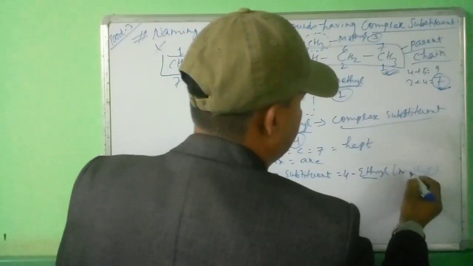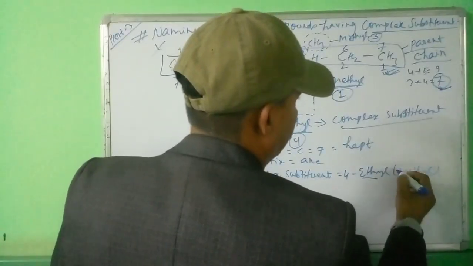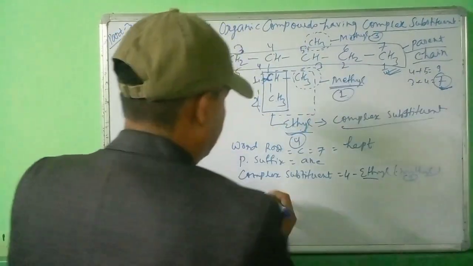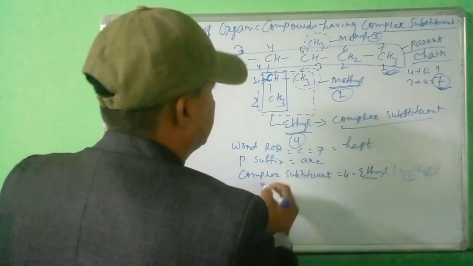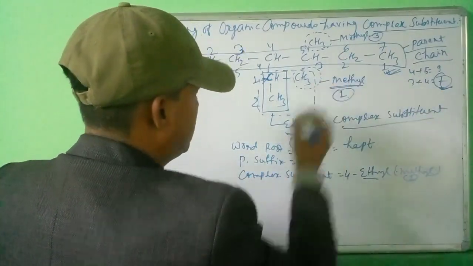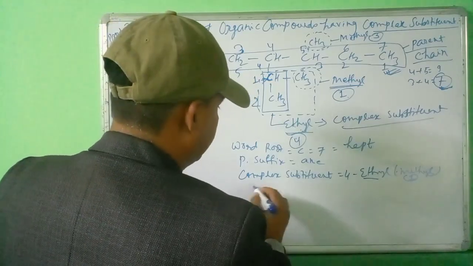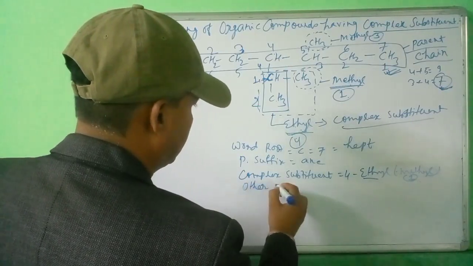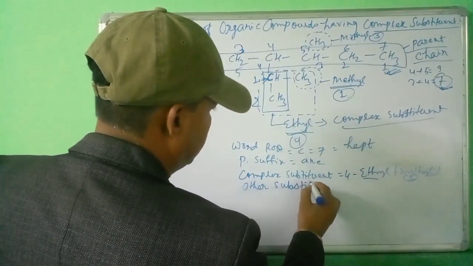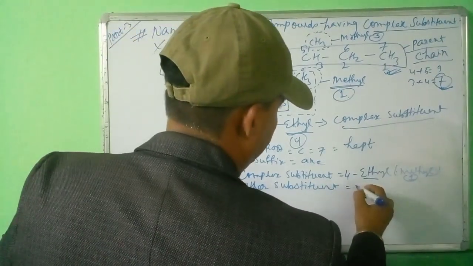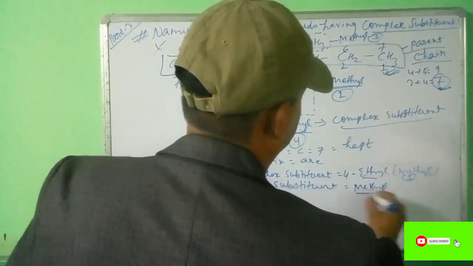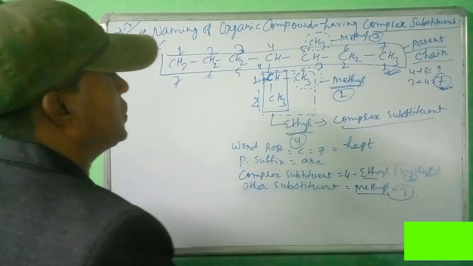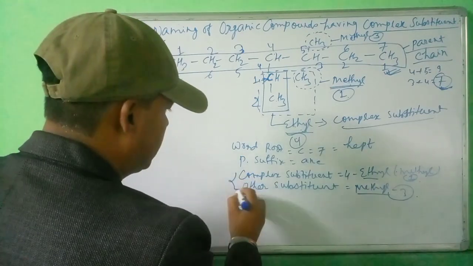And the position of methyl in the ethyl is position 1. The other substituent is methyl in the parent chain, and the position of this methyl is 3, the 3rd position.